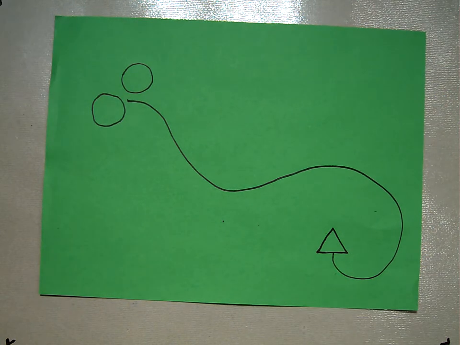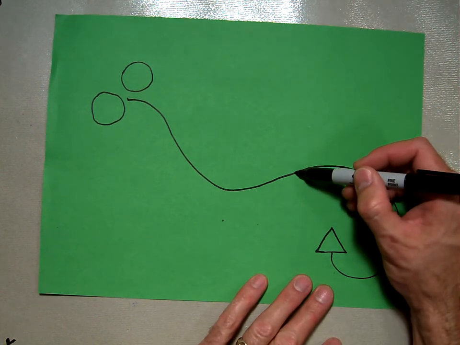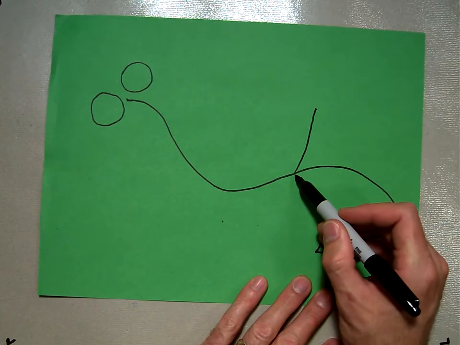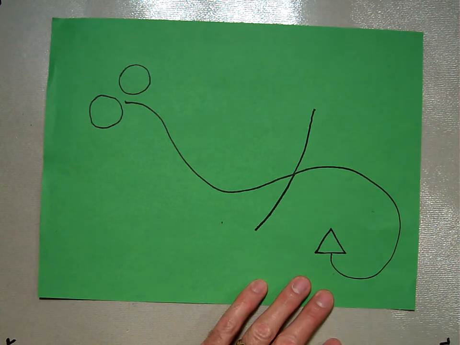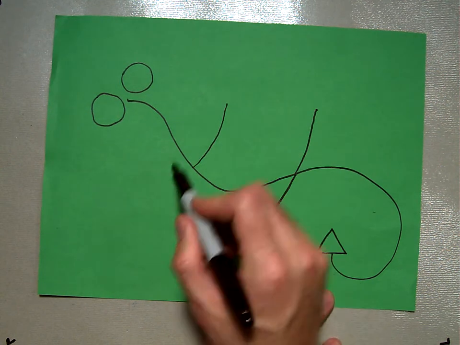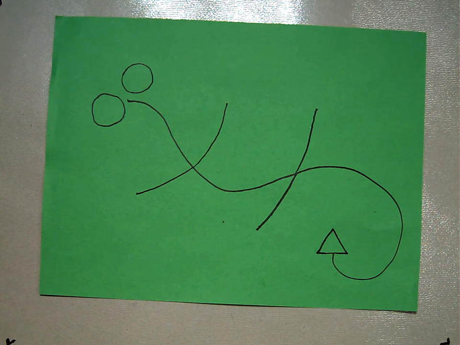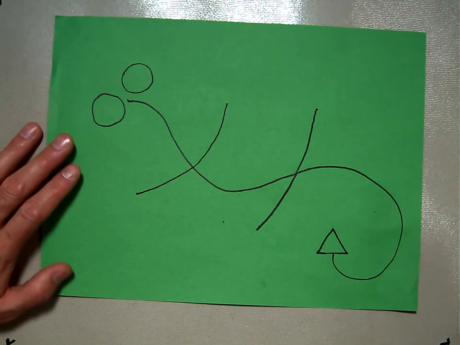We are going to do a couple more lines. I'm going to start one line here and another line here, like that. Now I'm going to do two more lines, and I'm going to start one here and one here. Good. Now I'm going to do some shapes.